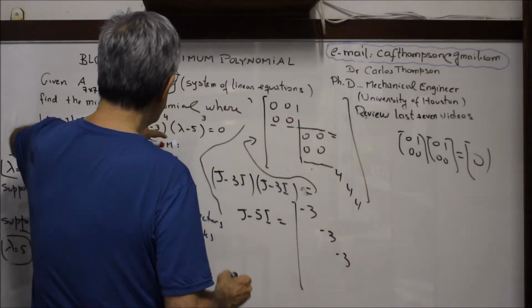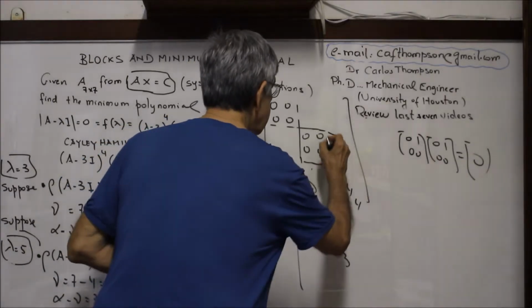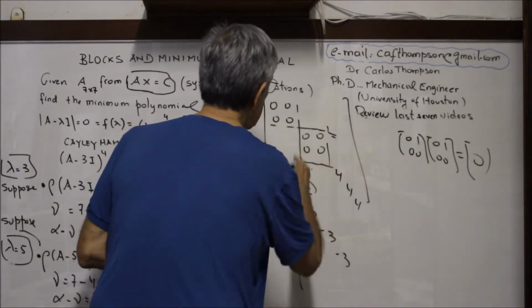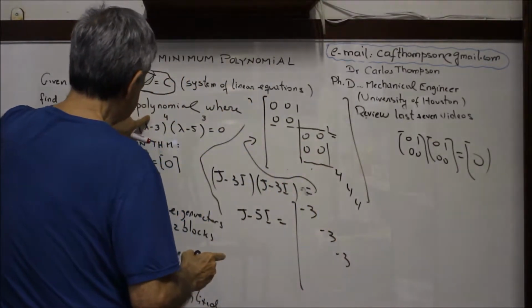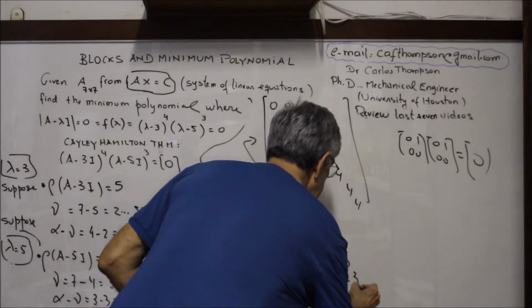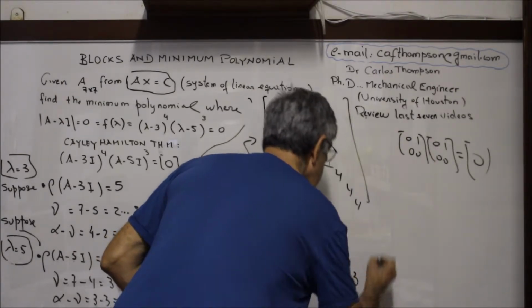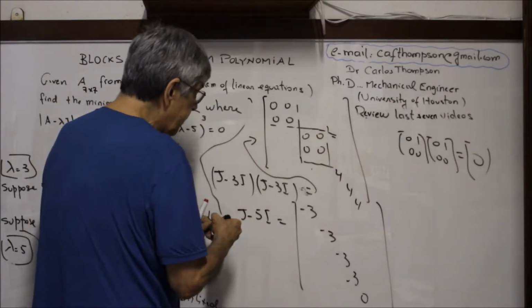And in this case there's another 0 over here. 1, 2, 3, 4, that's okay. For lambda equal to 3, I have 4. Then I have minus 3 here. Here I have a 0 and 0. This is J minus 5I.